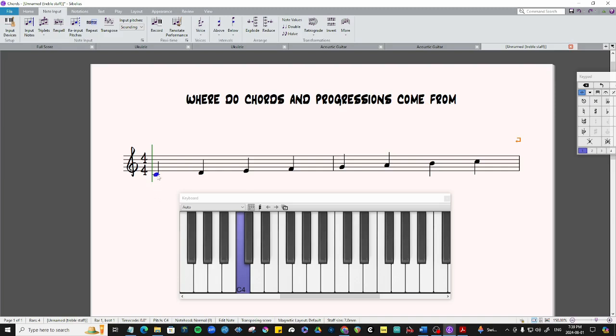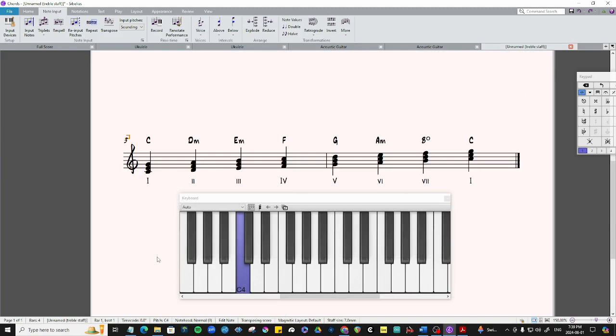When you play one note at a time, it's called melody. And when you play more than one note at a time, it's called harmony or a chord. So the basis of what chords are is if you take this note, C right here, and you go every second note, you're going to get a chord. Let me show you an example of that right here.